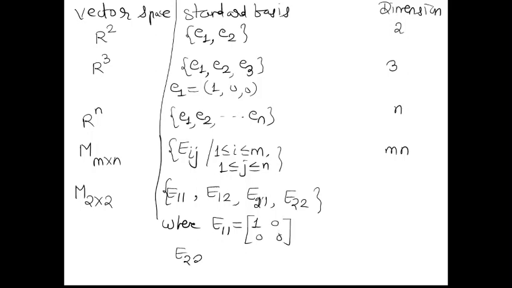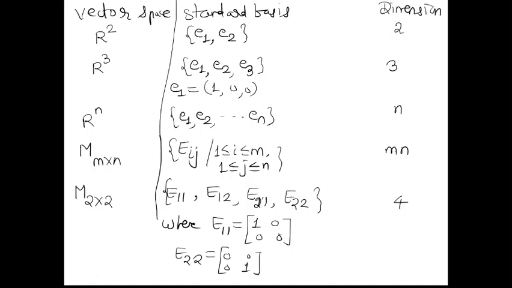E22 means again a 2 by 2 matrix where the 2 2 position is 1 and the rest of the elements are 0. So like this we have 4 elements in the basis. Hence the dimension as per the general formula, with m is 2 and n is 2, would be 4, with elements E11, E12, E21, E22.